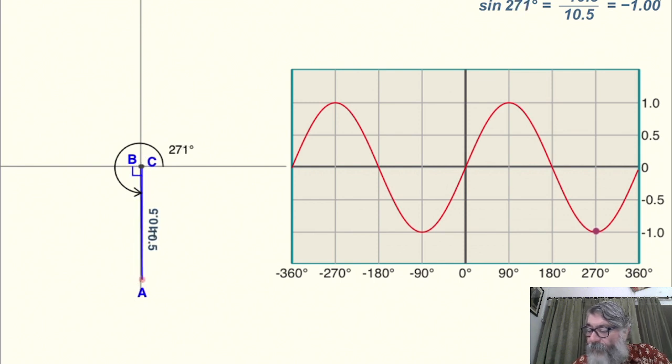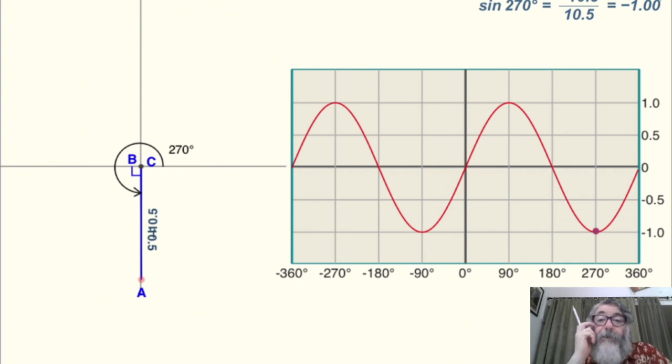Let me bring it to 270. Okay, 271 it has become. Okay, let's bring it to 270. At 270 again the value is 1, but in the negative direction. One is negative because it is downward on y. That is why it is minus 1, and the curve is here at minus 1.